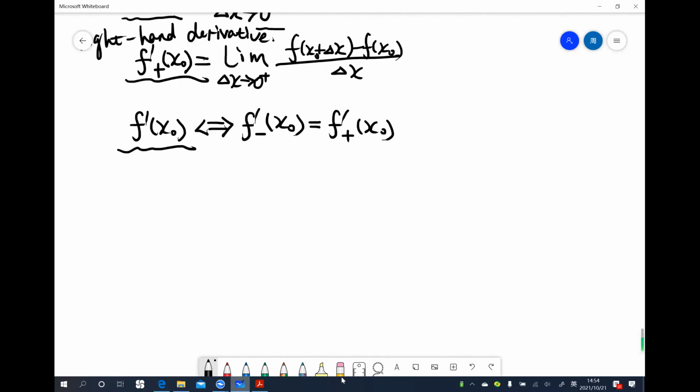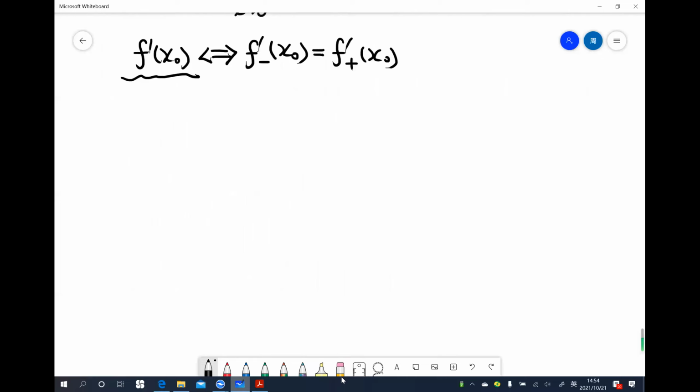And then last week we have learned continuity. Remember that? Last week we have learned continuity, and I gave you a function, the absolute value function, f of x equals absolute value of x. And last week we proved that the function is continuous.